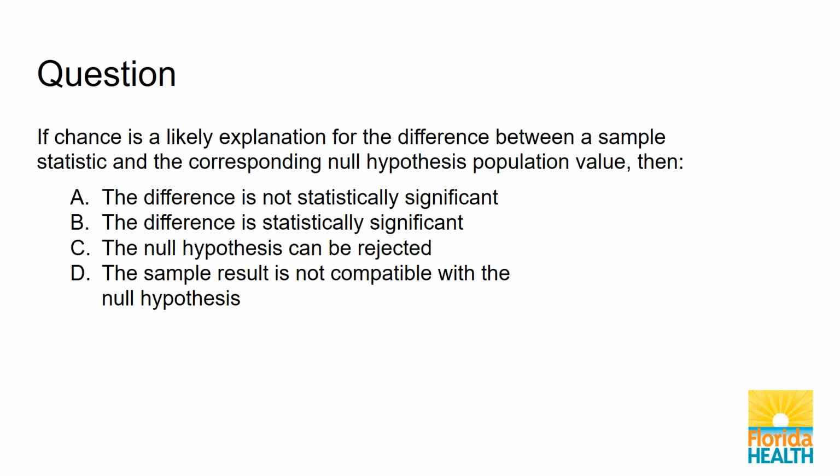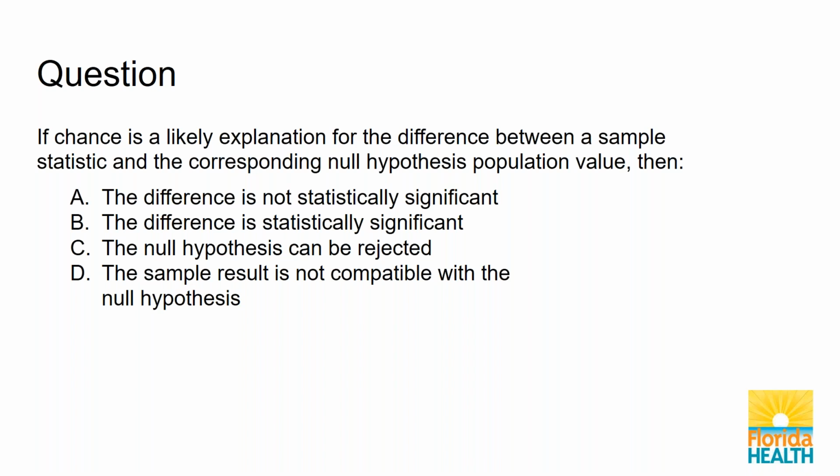Okay, if chance is a likely explanation for the difference between a sample statistic and the corresponding null hypothesis population value, then A, the difference is not statistically significant, B, the difference is statistically significant, C, the null hypothesis can be rejected, and D, the sample result is not compatible with the null hypothesis.